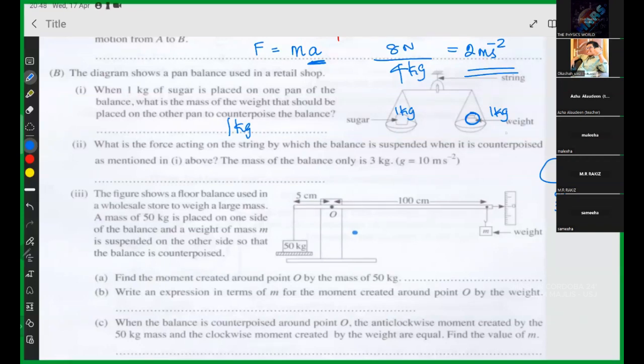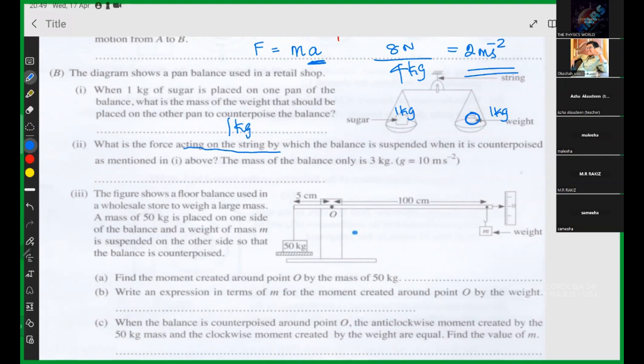They are balancing it something like this. How are you going to answer this?